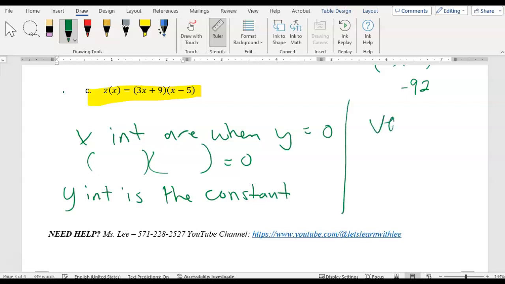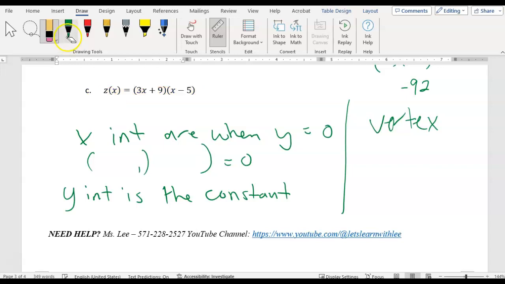And then your vertex, to get the x value, we add, well, actually, that's a great example.